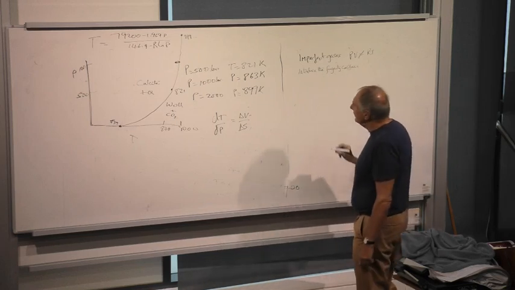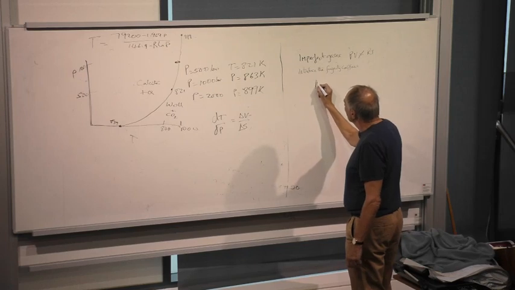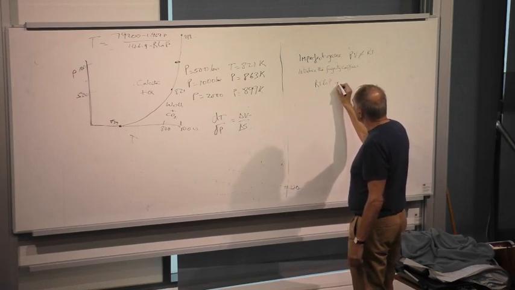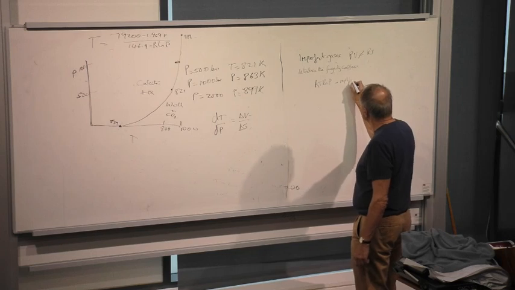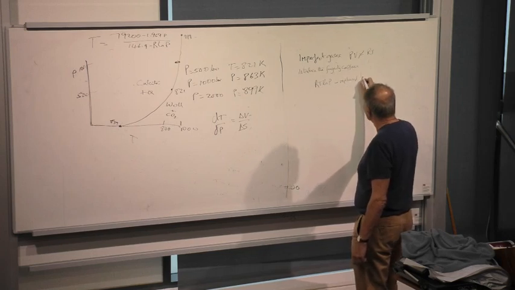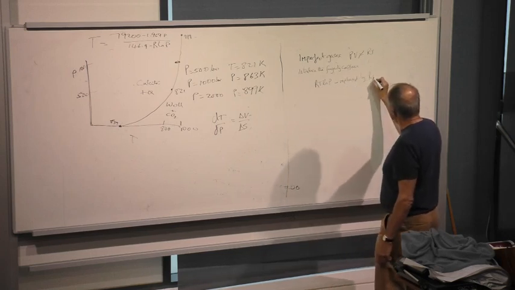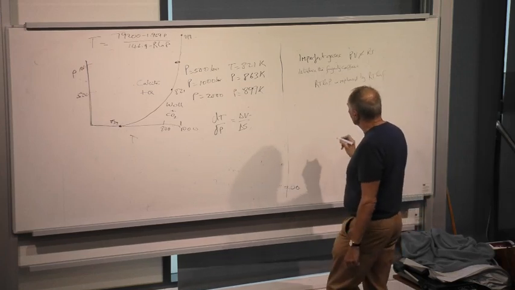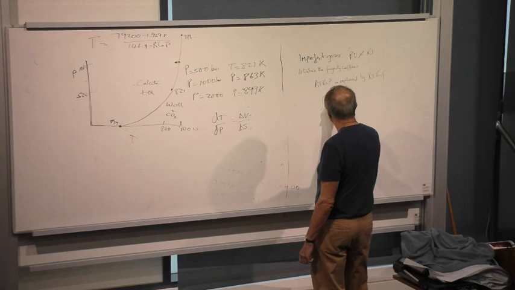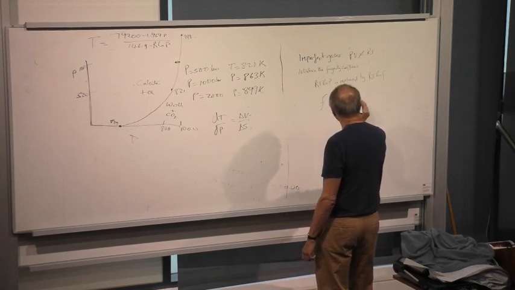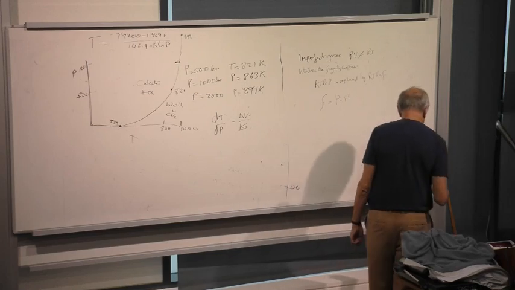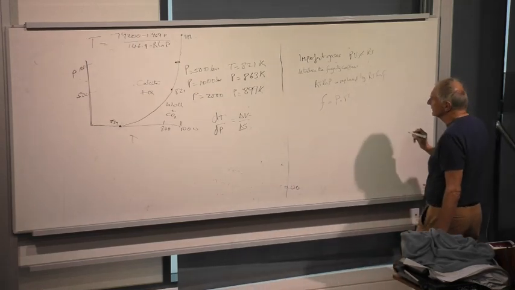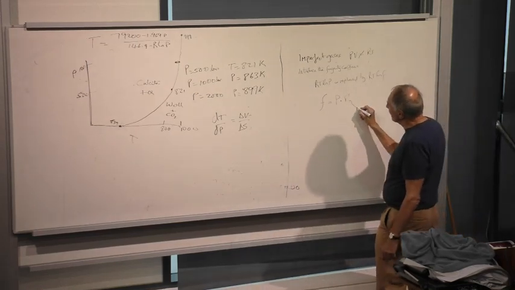So that RT ln P is replaced by RT ln F. So F is equal to P times some coefficient, which we call gamma. And this is the fugacity coefficient.